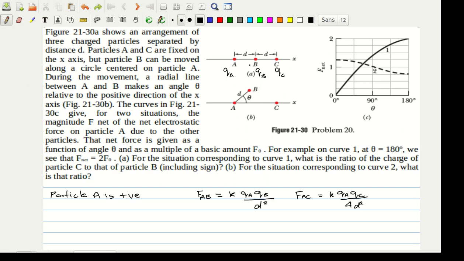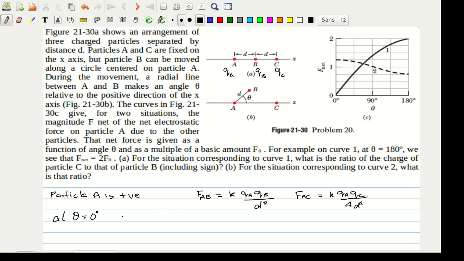So let us see how we can solve it. Let us say that we take the positive x direction to be towards the right. We know that at theta equal to 0, the force is 0.